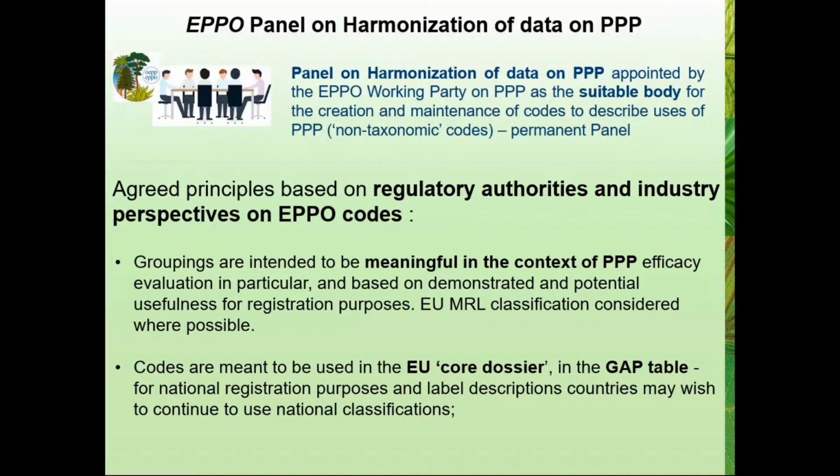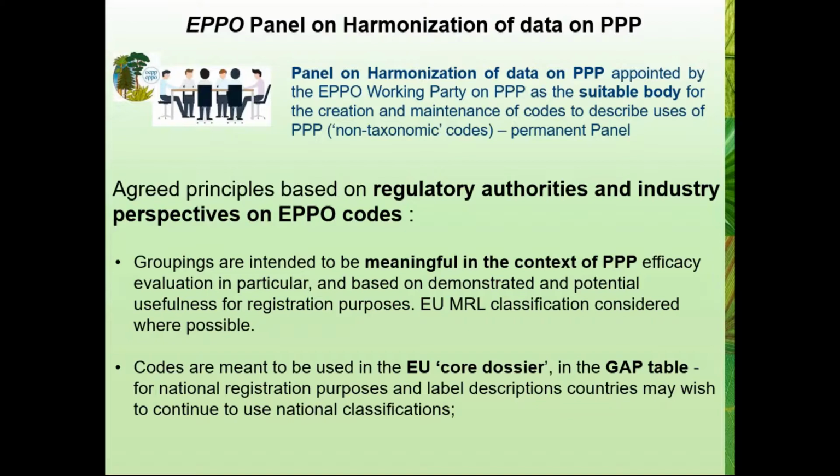Before starting the compilation of this classification, the panel had long discussions on how to do this and which principles need to be taken into account when developing the classification. All these principles were agreed by the experts in the panel, which are nominated, as I said, by regulatory authorities, but also by the industry, represented through the European Crop Protection Association.